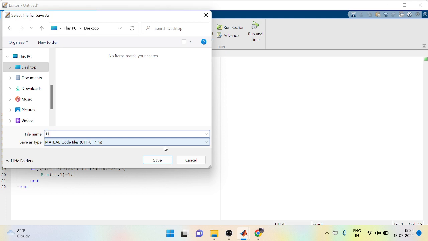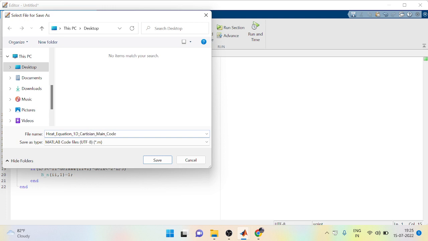I guess I'll name things systematically. Heat equation 1D Cartesian main code. So I got Cartesian spelling wrong.